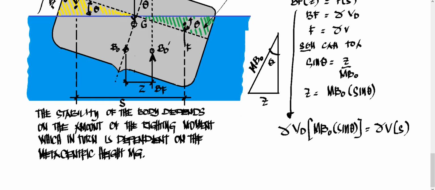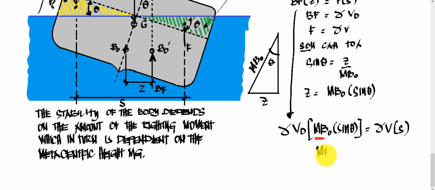Now to get the value of your MB_O, so we can transpose yung ibang ano. So we have now rewriting our equation here, MB_O.